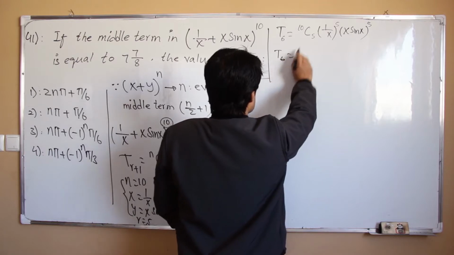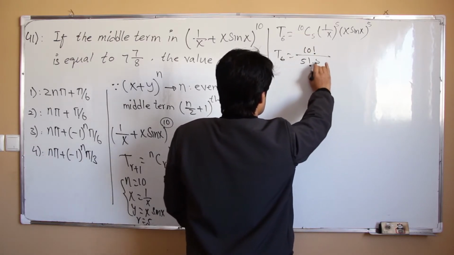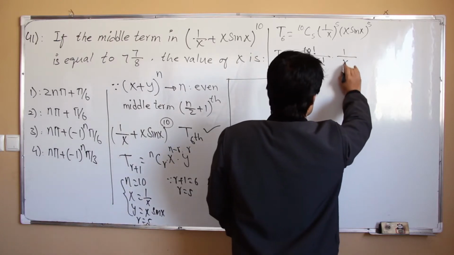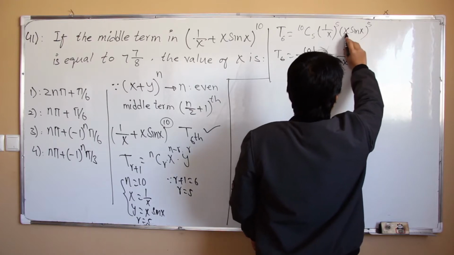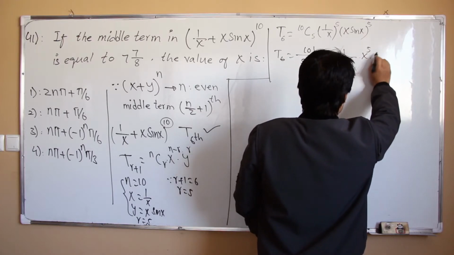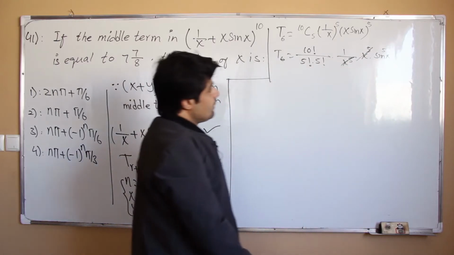Now T6 is 10 factorial over (10 minus 5) factorial times 5 factorial, times 1 divided by x to the power 5. This 5 belongs to both of them, x to the power 5 and sin x raised to the power 5. This x to the power 5 is cancelled.